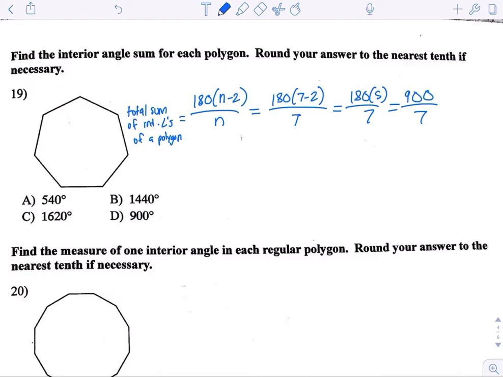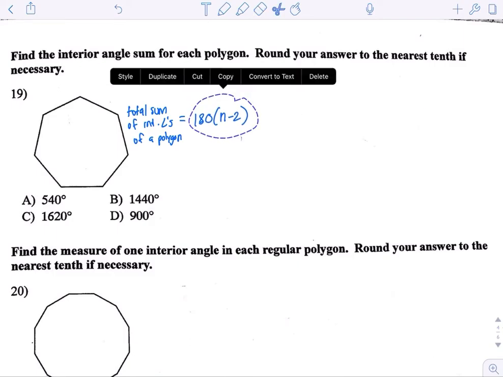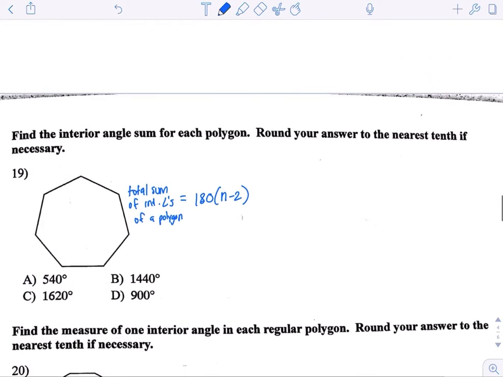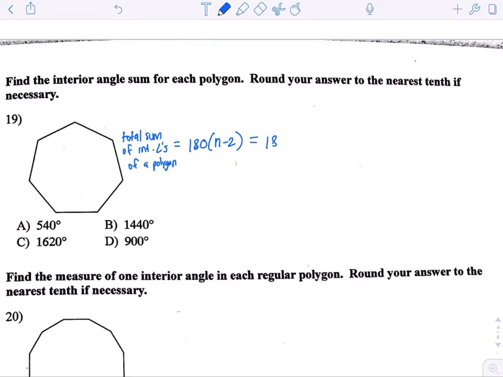So the total sum of interior angles of a polygon, you guys, it's not that. This gives you each interior angle. That was my mistake. Okay, 180 times n minus 2 is the total sum. Sorry about that. 180 times 7 minus 2, you guys, which equals 180 times 5, which is just 900 degrees. I was wondering why that sounded a little off.